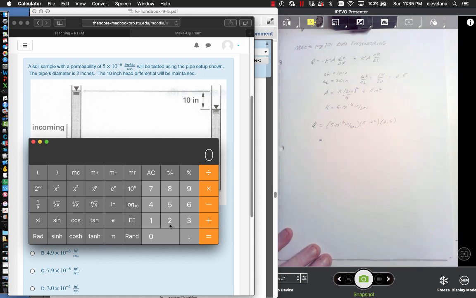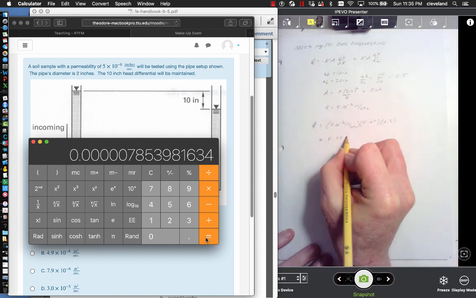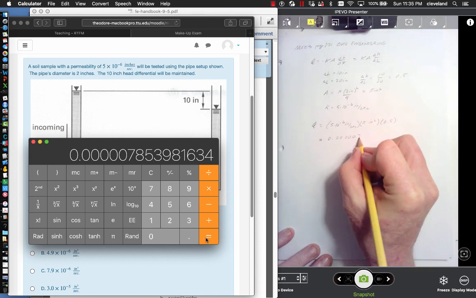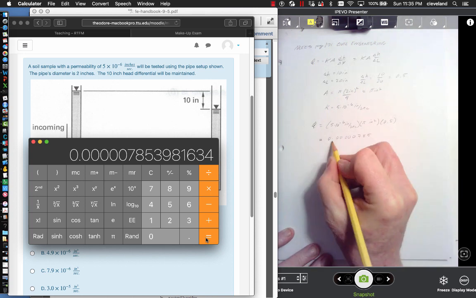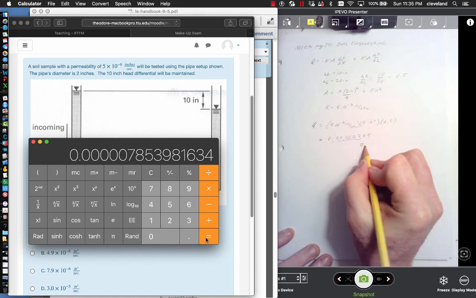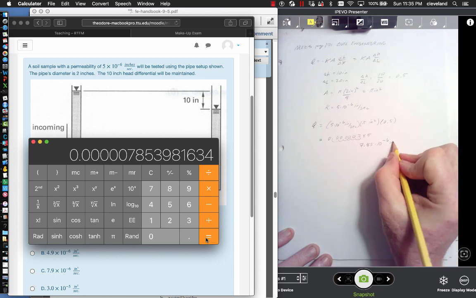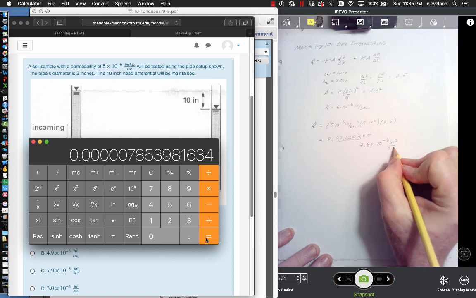Let's calculate. 5E minus 6 times pi times 0.5 equals 7.85 times 10 to the minus 6 inches cubed per second.